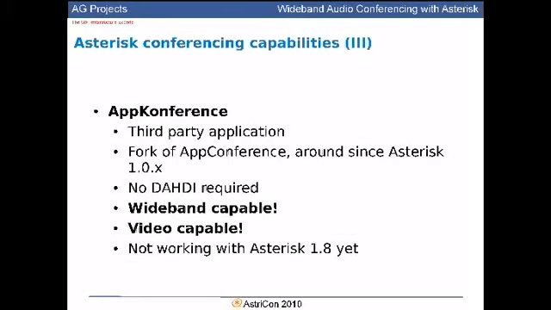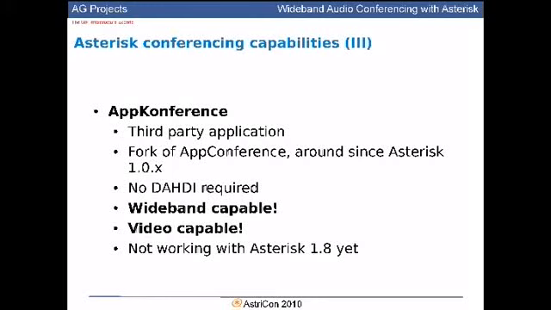And then the last application I went through is app_conference with a K, which is a third-party application forked from another one called app_conference with a C. It's been around since Asterisk 1.0, because at that time you needed Zaptel for timing. So in Asterisk you need to provide timing in order to sample the packets correctly, and they wanted to remove this limitation.